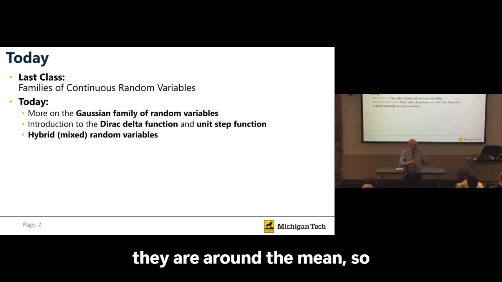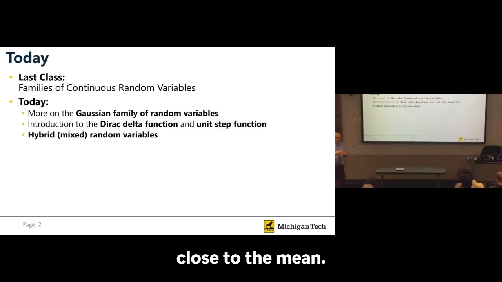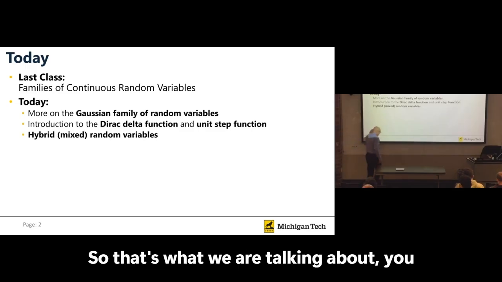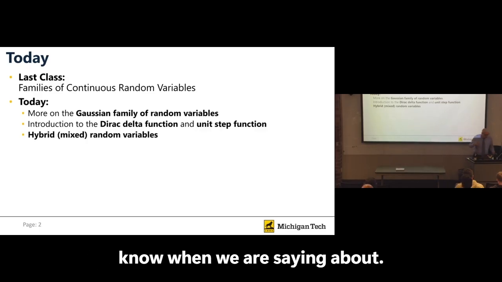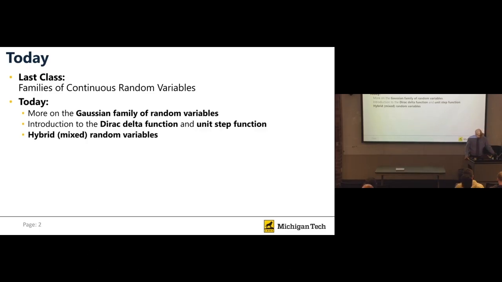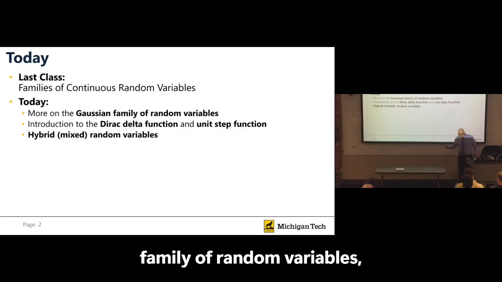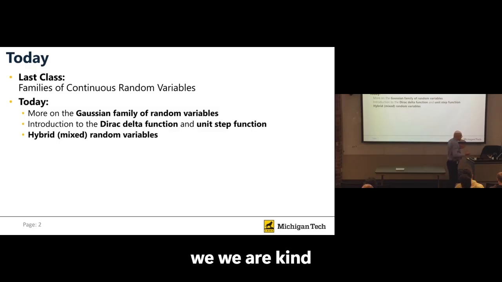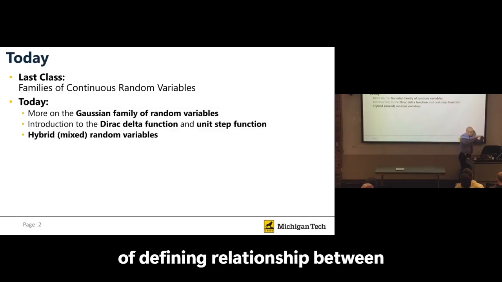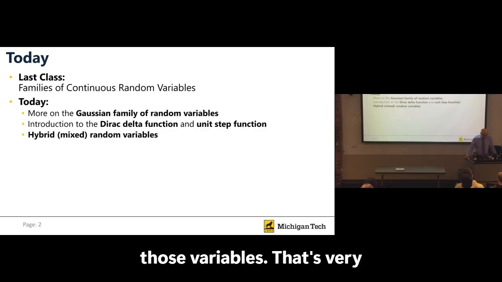It means they are around the mean, so they have more chance to be close to the mean. And not just Gaussian, for any family of random variables, we are defining a relationship between those variables. That's very interesting.